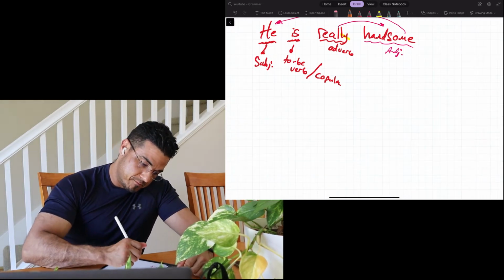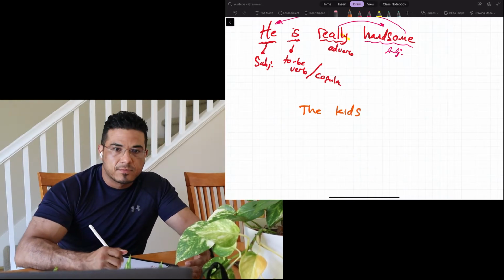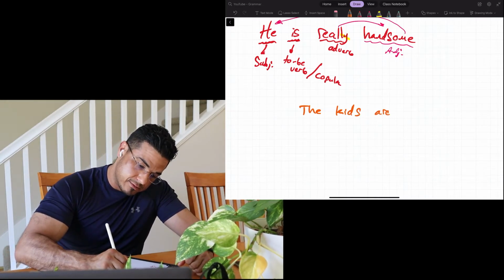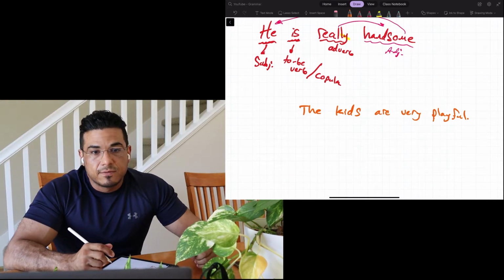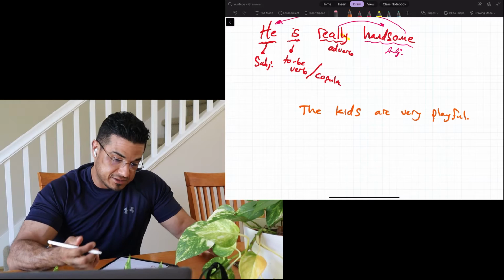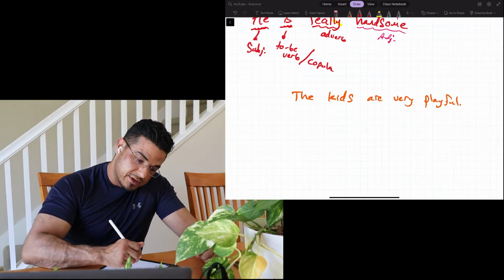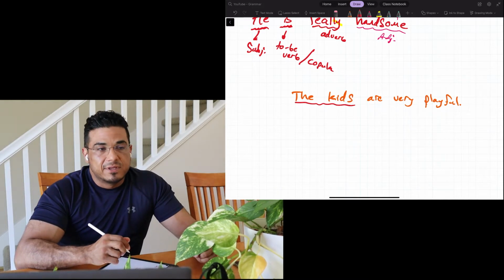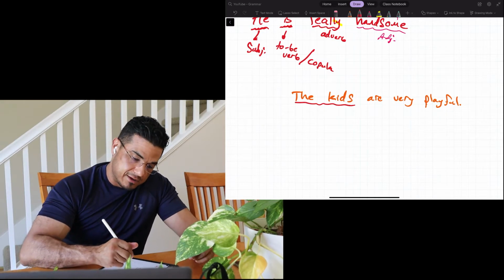The kids are very playful. All right, so in the sentence we have very modifying the adjective playful. We'll first decompose it as usual. The kids, you want to include that definite article, the.